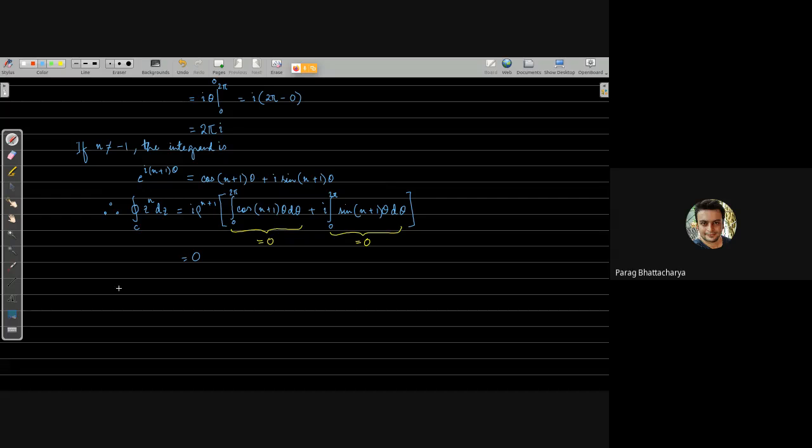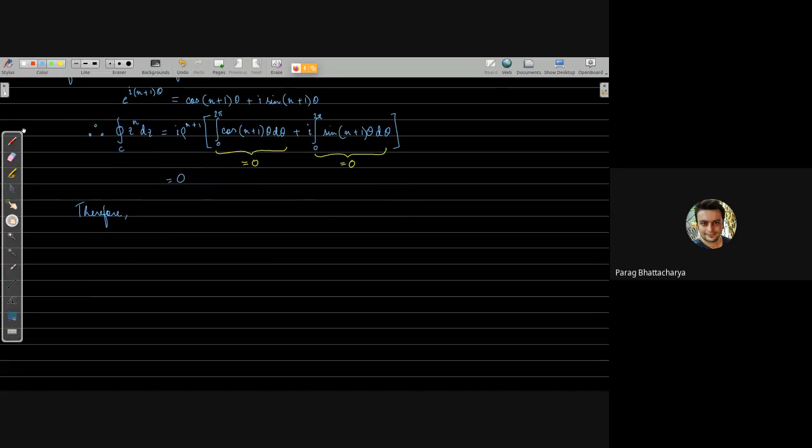Okay, so we can write down the answer like this. Therefore, we can say that the integration that we are trying to perform, the integration over C of z to the power n dz, will have two possible values.